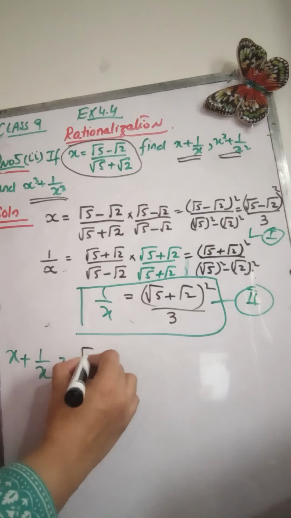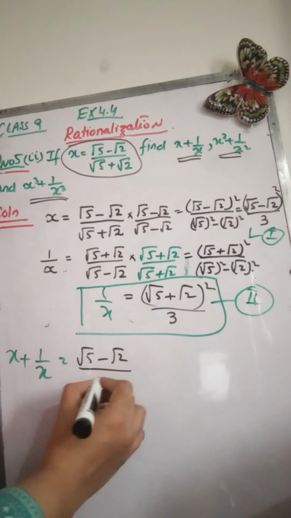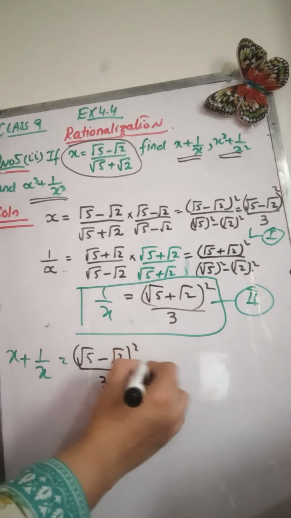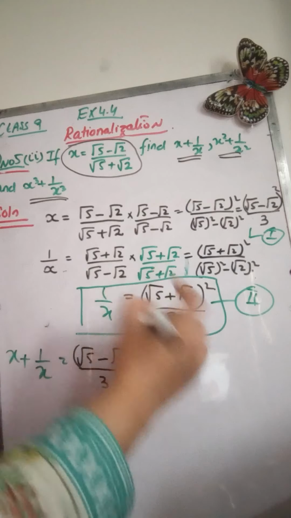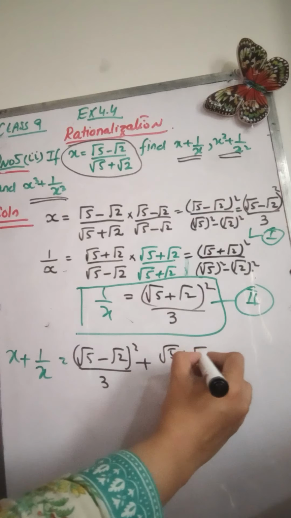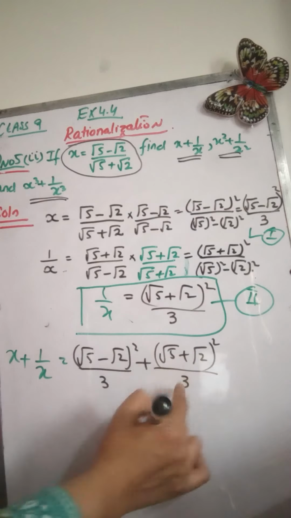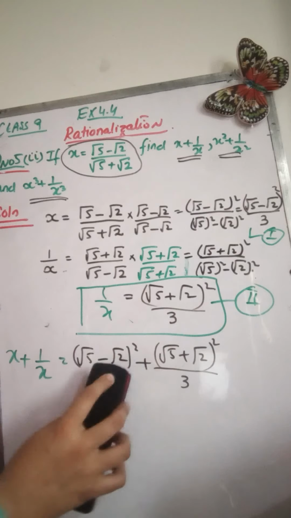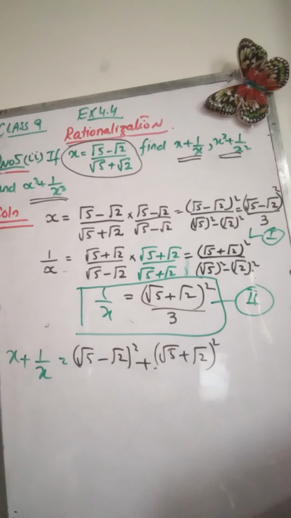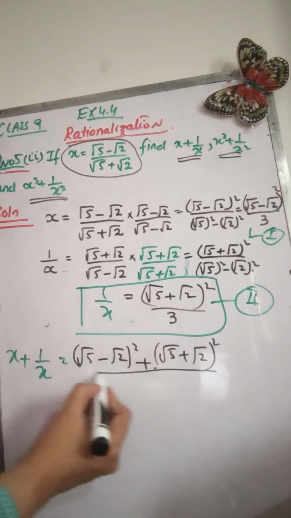So x is (√5 minus √2) over 3, plus 1 over x is equal to (√5 plus √2) over 3. As we have the same denominator, I am going to write it under a single denominator, which will be over 3.